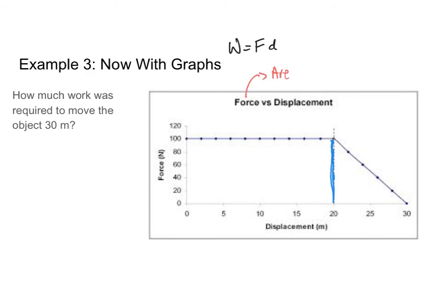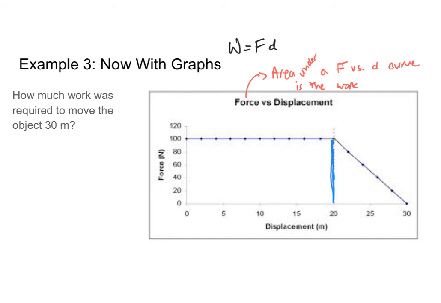The area of a force versus displacement curve, and I say curve, by curve I mean line, any shape really. I like to use the word curve because it's a little bit more general. So the area of a force versus displacement curve, or perhaps a little more accurately, the area under a force versus displacement curve is the work done.